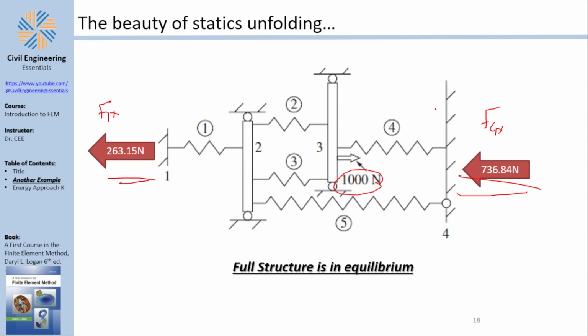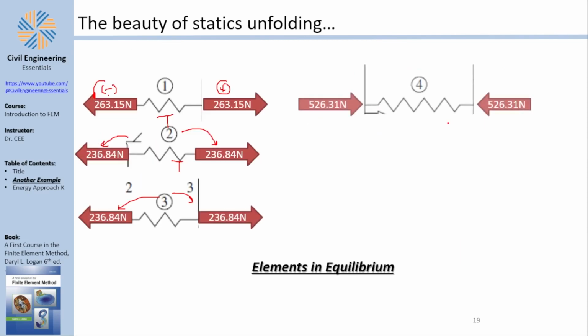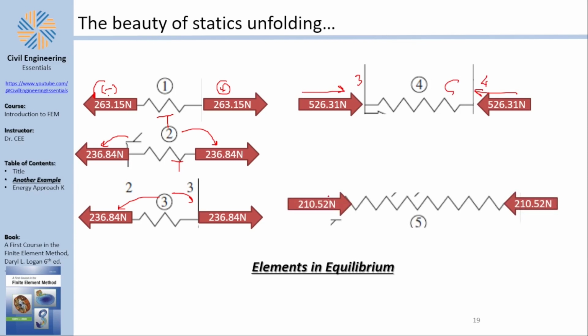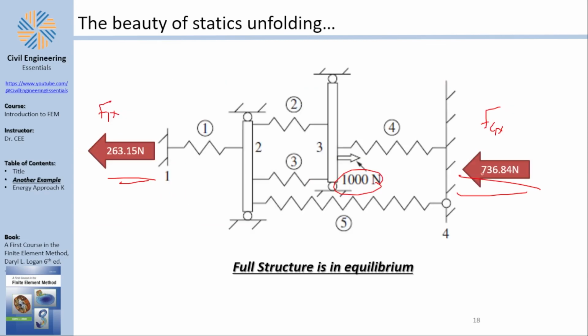So if I apply them here, that's your joint number 3, and it was positive, so it was going to the right, and joint number 4 was negative, so it goes to the left. This is compression. Element number 5 had joint number 2, I guess, going positive, so to the right, and joint 4, I think, going to the left. So compression. Now the structure is in equilibrium.